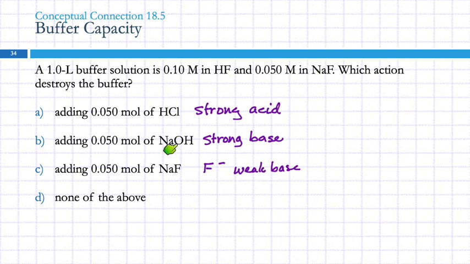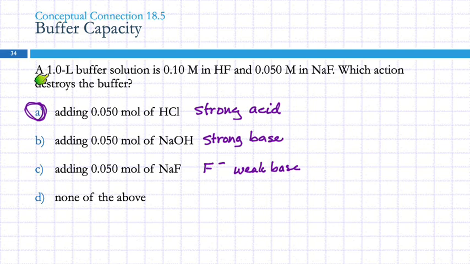If I'm adding strong base, what's going to neutralize it? The acid. Okay, so equal amounts here, but the amounts of weak acid and conjugate base are not the same. We have less of the weak base. So what's going to be worse for this buffer, acid or base? Acid. So A is going to be our answer. That's going to destroy the buffer.